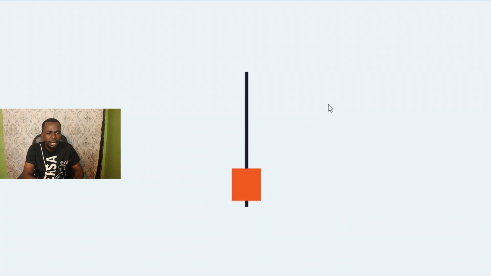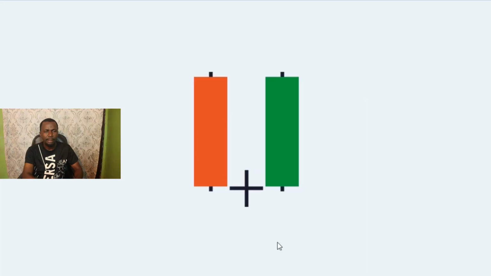So this is known as a shooting star candlestick pattern. When you identify this candlestick pattern, it means that the sellers are in control and you are expected to take a sell trade. Then the next candlestick you have here is known as the morning star.